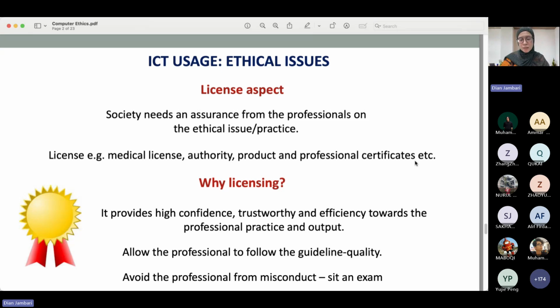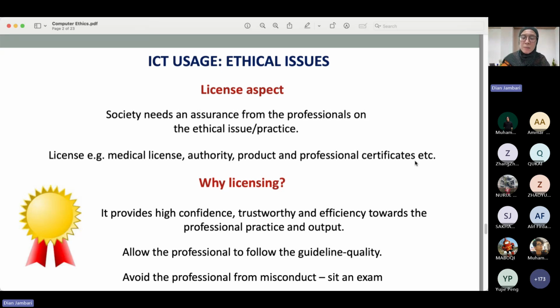So for example, medical license. So why do doctors, nurses, and hospitals need to have a license to give medical services? Why? Because it gives the assurance to the public, to the society, that if I go to you, I can trust that you are ethical, that you are not going to cause harm to me.